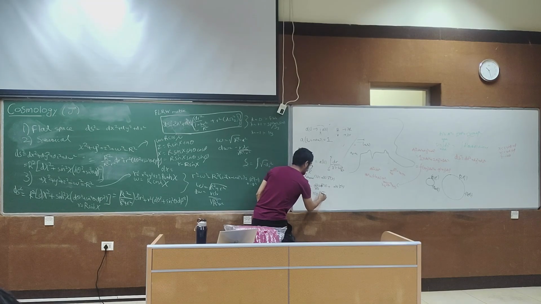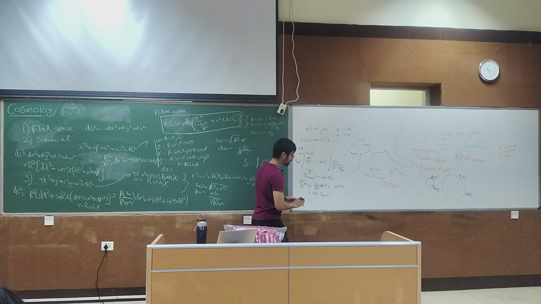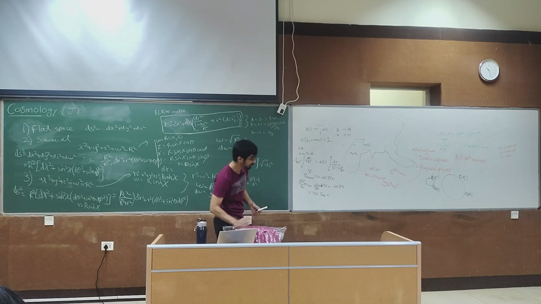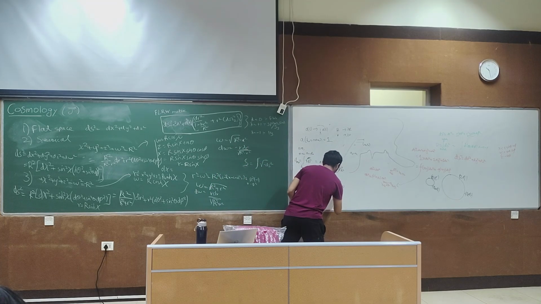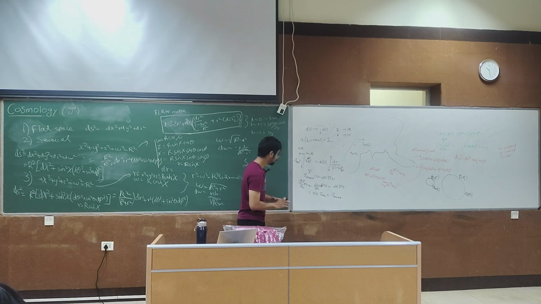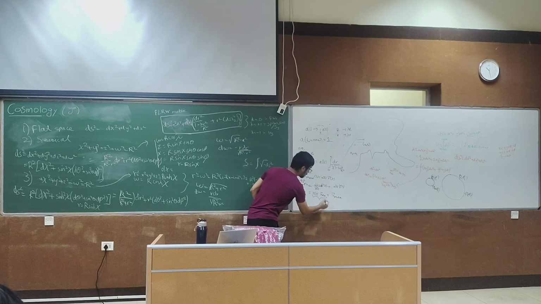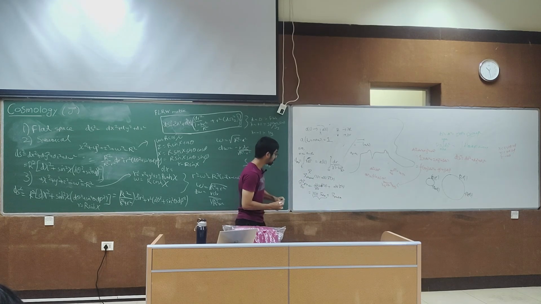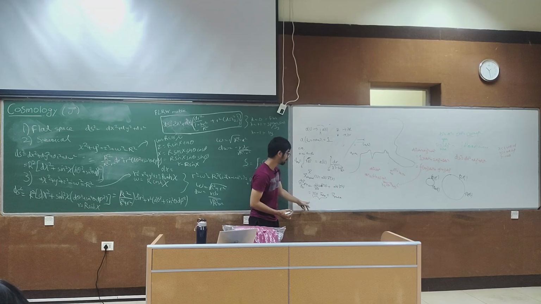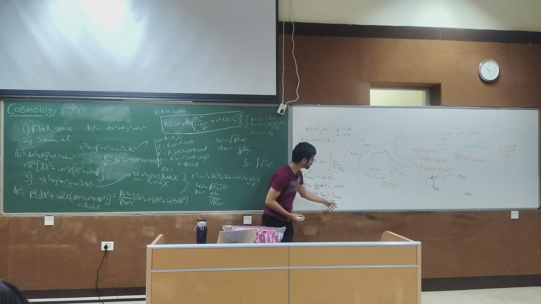And as we can see, a of t times x of t is x physical, plus, let me see the notation here, this is called the peculiar velocity. The way to understand this is that this part says that even if the coordinates do not change, the velocity has a non-zero component, and on top of that the velocity might change.